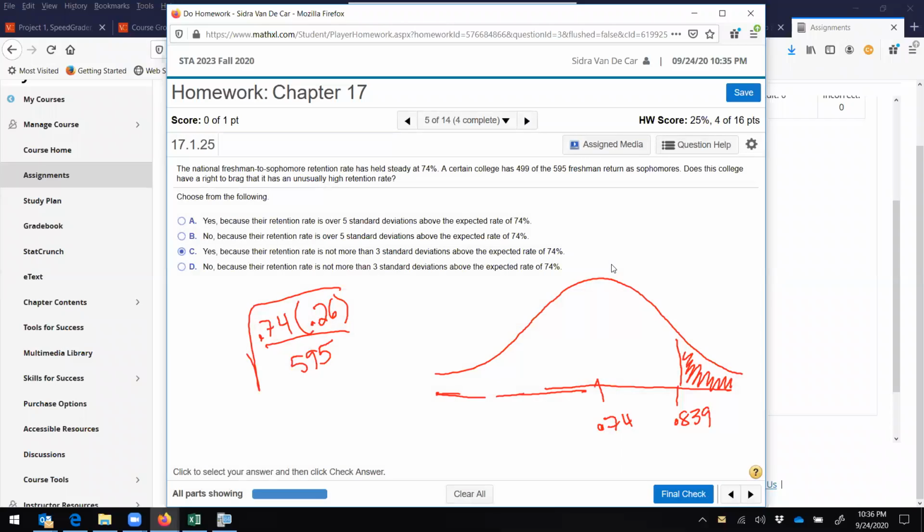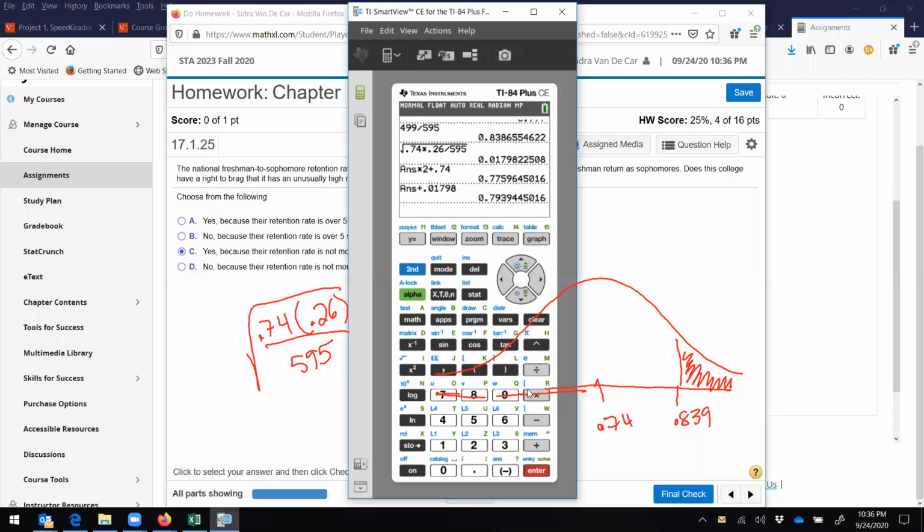Did we do something wrong there? Let's double check ourselves. And for 595, our mean was 0.74.